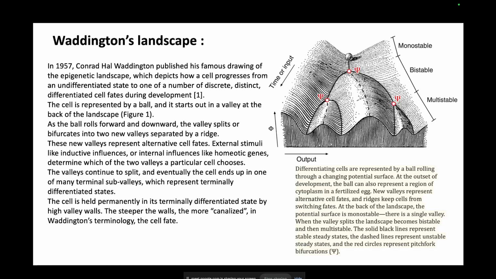There can be a lot of things that determine this particular cell state and why it moves to that particular cell state. So yeah, you can read about it. This is a little interesting if you are interested in this kind of thing.